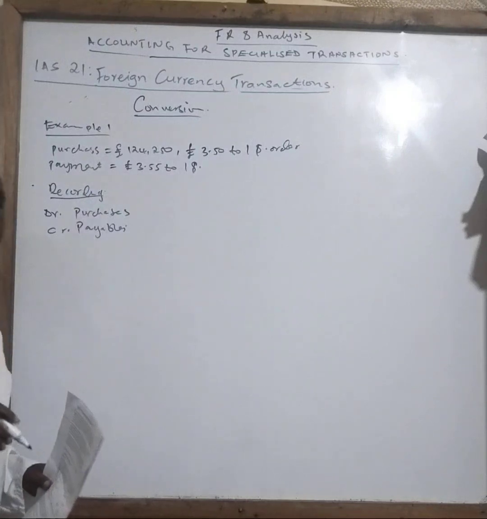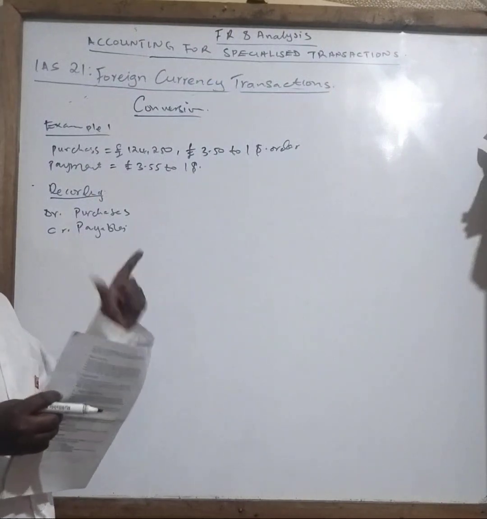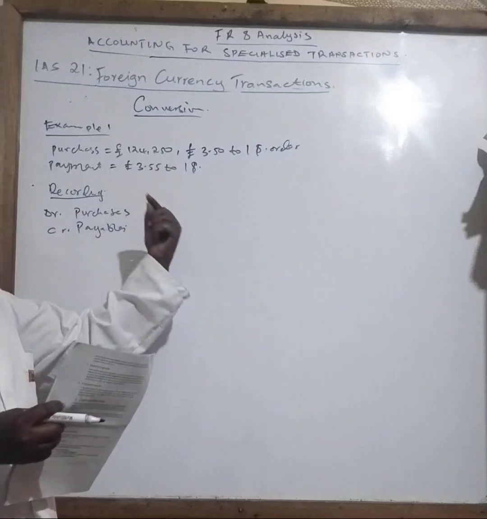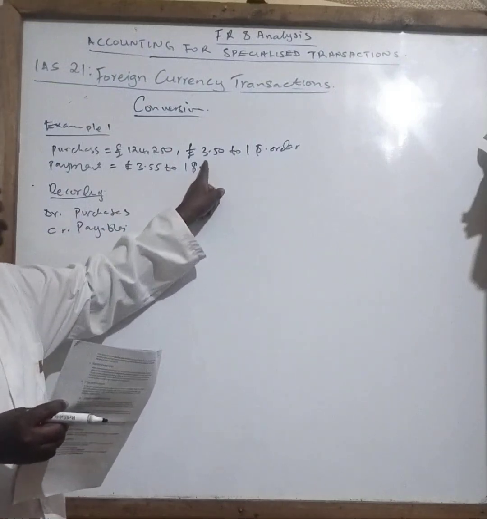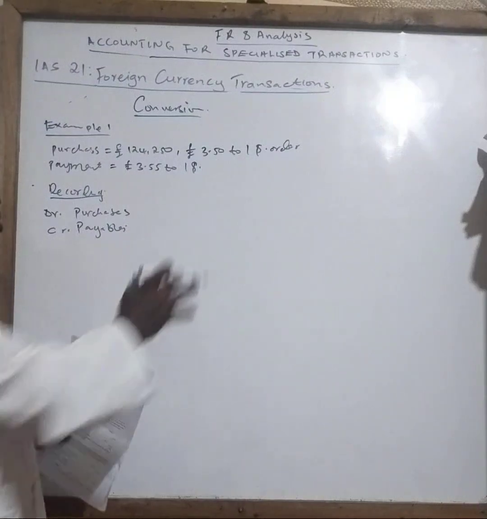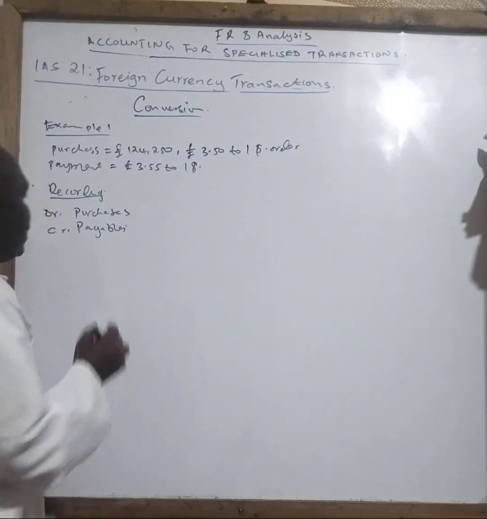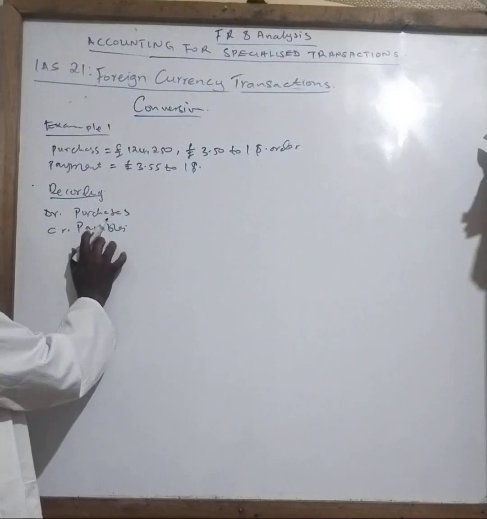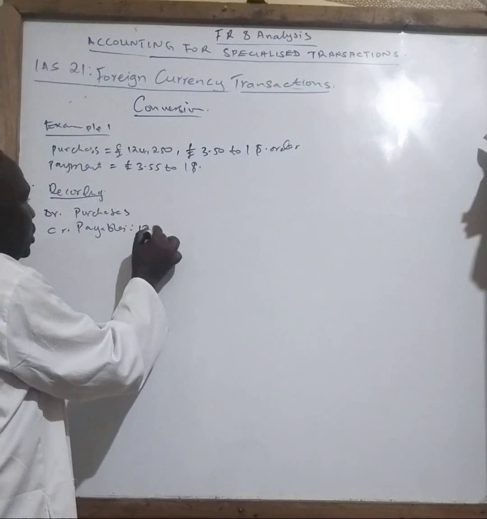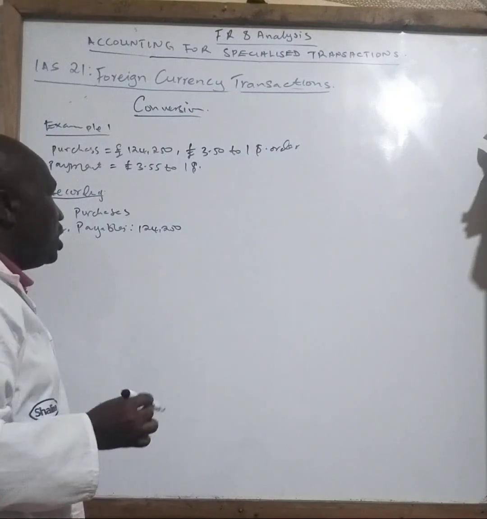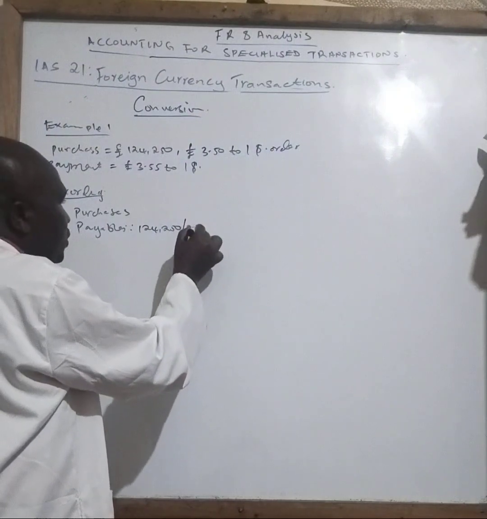At this time, we are just recording. We have not made any payment. So recording is done at the time when the transaction was received. For the payables, we had 124,250. We divide this by 3.5.